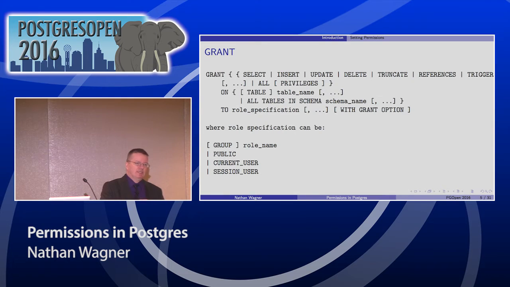The difference between, say, a user and a group is really just how it's been set up. Typically, creating a user, you think of that as something that can log in and do stuff. A group is the type of thing that typically is not going to log in directly, but rather individual users will be members of the group.